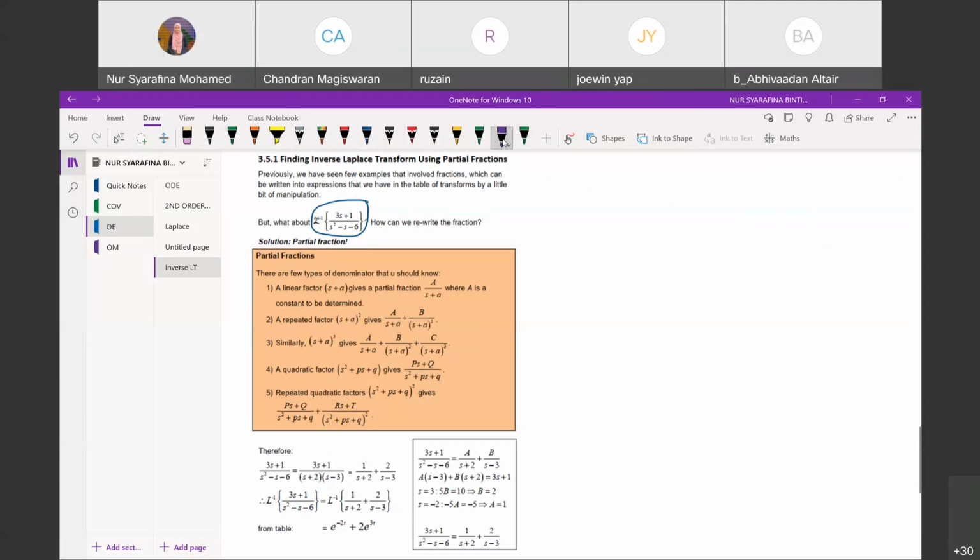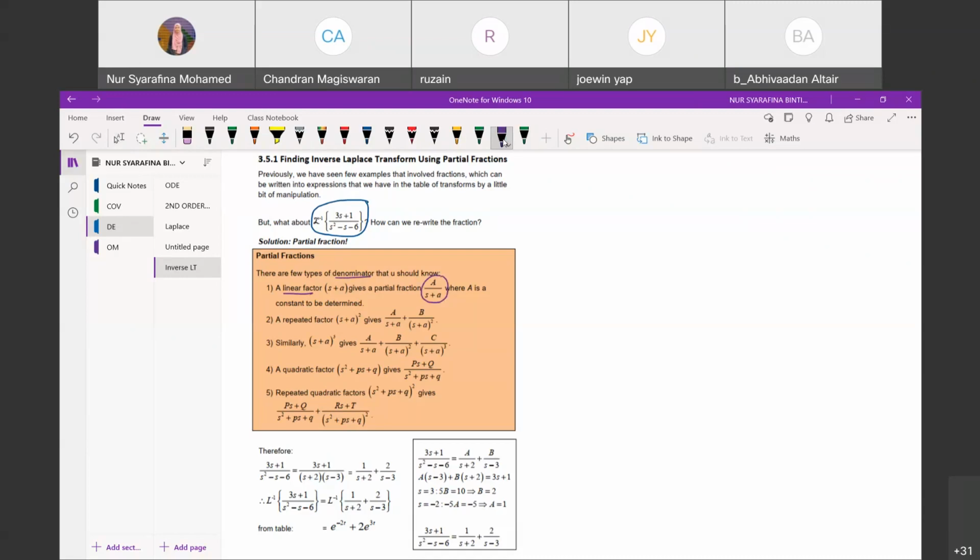All right. So the types of this partial fraction are referred to the denominator. Okay. So when the denominator is a single or a linear factor, then the partial fraction is A over s plus a.